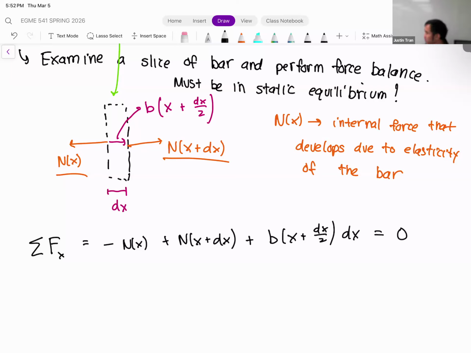The reason we did this, and I apologize, I should have mentioned this while we were going over the problem, is that the definition of body force is usually in terms of a force per length. And so in order to make it the same dimensions as the internal force, we have to multiply by dx.